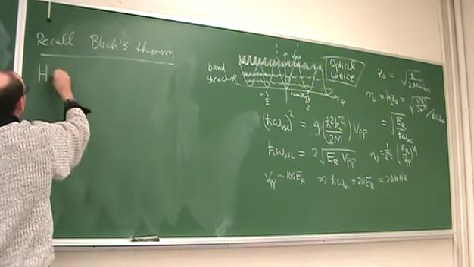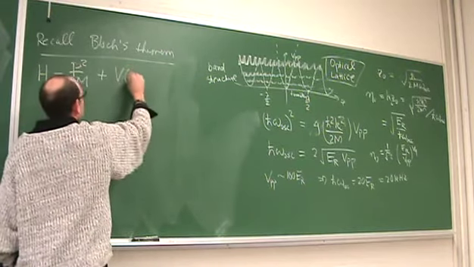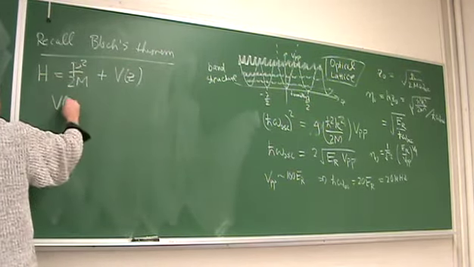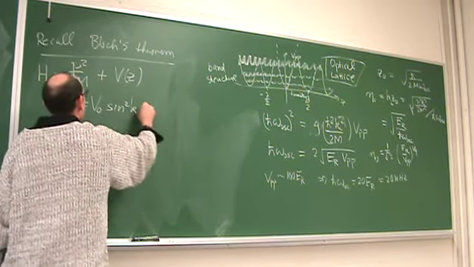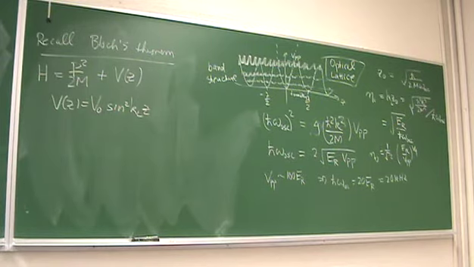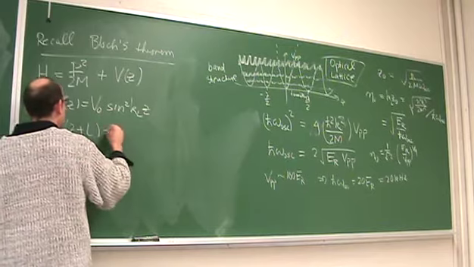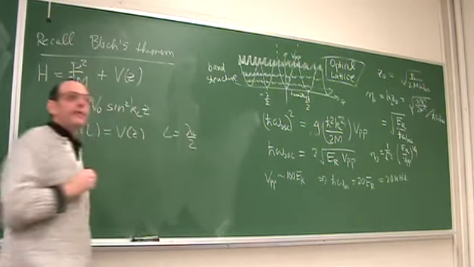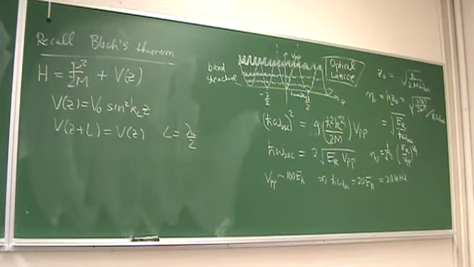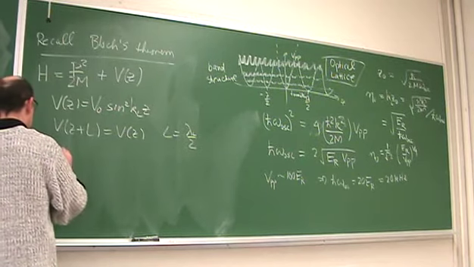We have a Hamiltonian, which involves the kinetic energy of the atoms and the periodic potential. In this case, the periodic potential is a very simple potential, but in general, it's periodic with some period L. In this case, L is half of the optical wavelength. Right? And so we want to solve, in this problem, we're looking for the solutions.